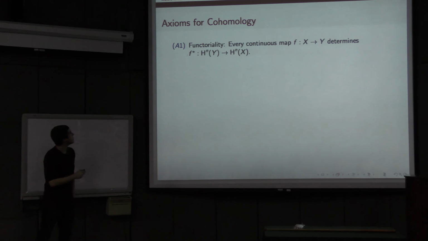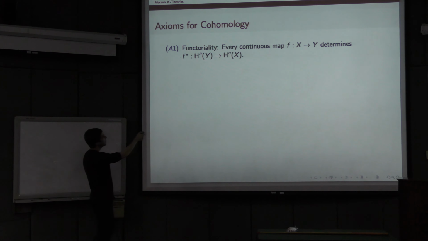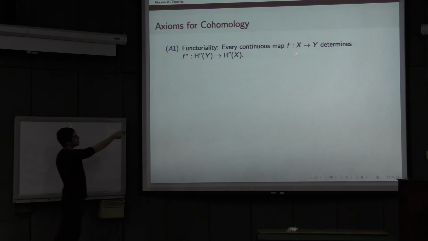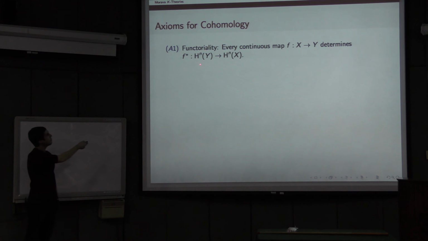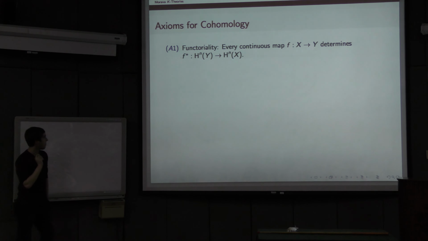So what is cohomology? Well, first of all, it's a functor. So it's something that assigns to every topological space X a sequence of abelian groups called the cohomology groups of X. And to every continuous map from a space X to a space Y, there's some map from the cohomology of Y to the cohomology of X that I'll denote by f upper star, if f is the name of the map.